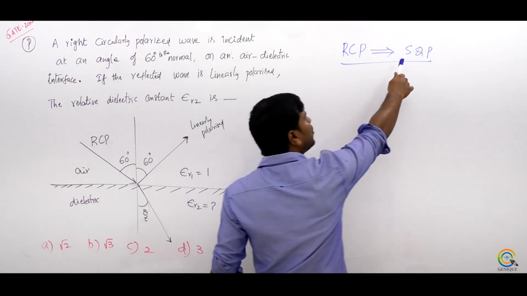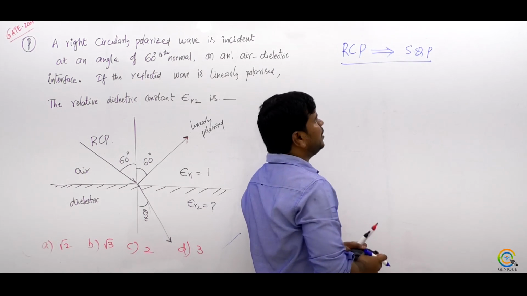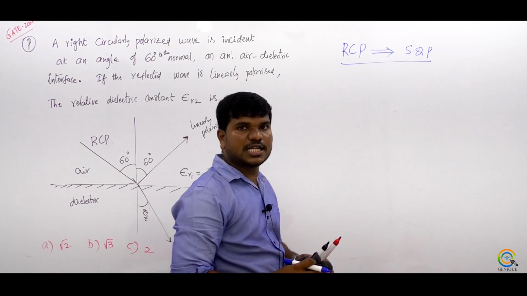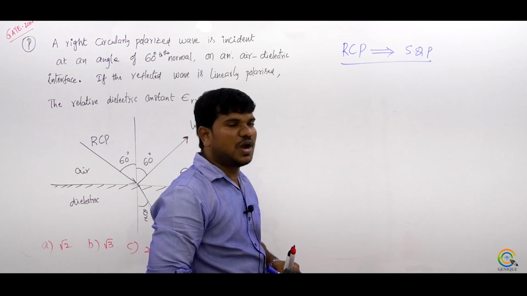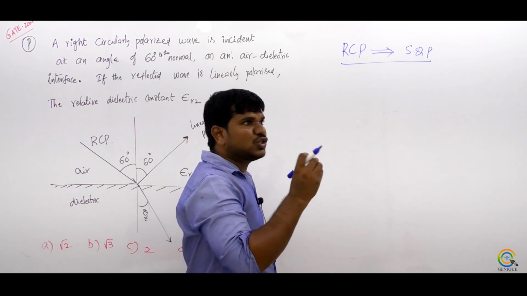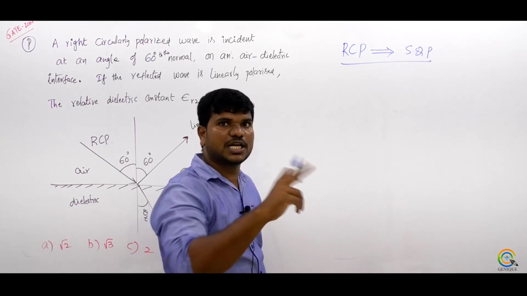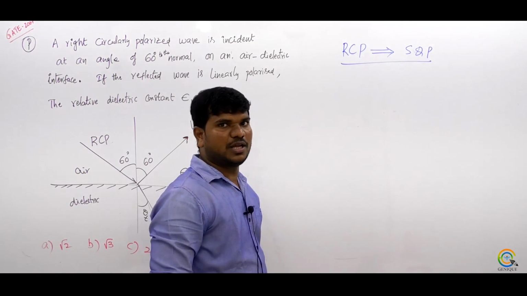And the component of the S polarized wave will be equal to the component of the P polarized wave. You have to note this. That means the magnitude of the S polarized wave will be equal to the magnitude of the P polarized wave. The vertical component is equal to the horizontal component. That is the meaning of that.